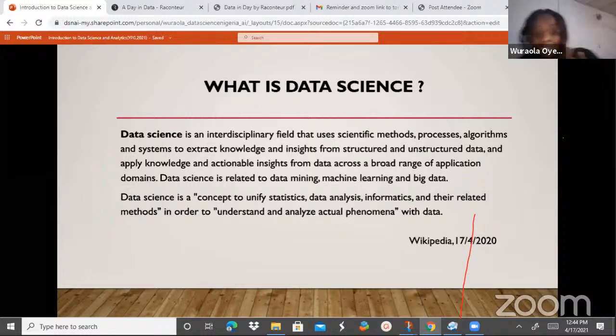They have extracted actionable insights from data and made decisions. That's how we discovered it's from data. The mix.